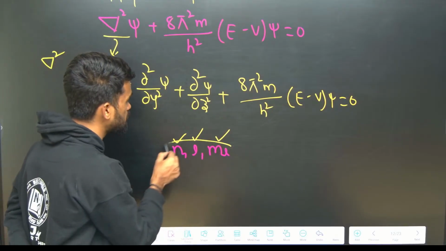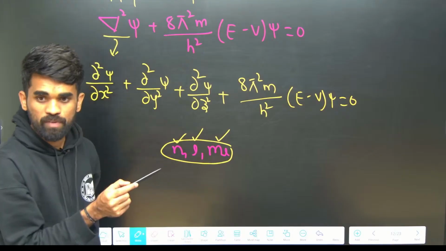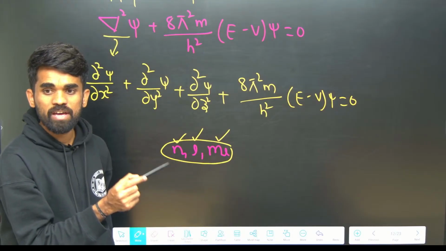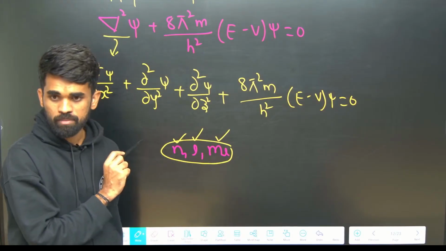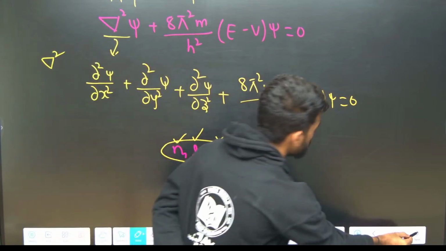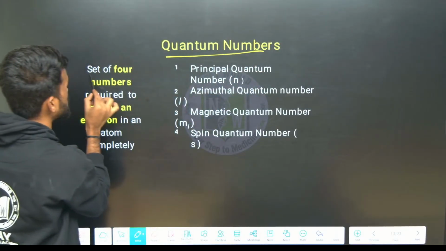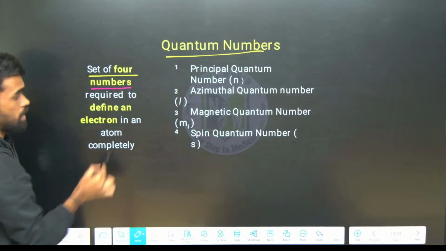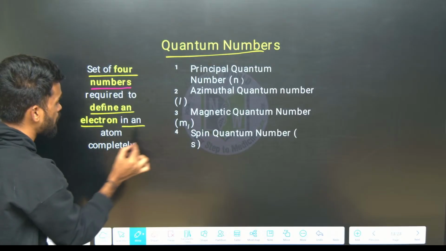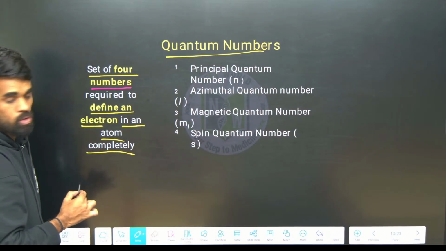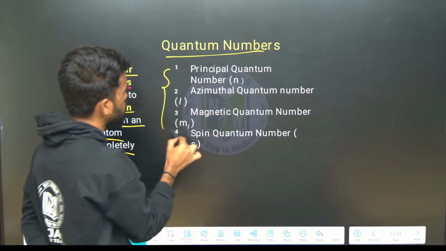Okay, so these are the three quantum numbers obtained by solving the Schrodinger wave equation for hydrogen atom. Now we will be discussing this. Quantum numbers are a set of 4 numbers required to define an electron in an atom completely. What are those 4?